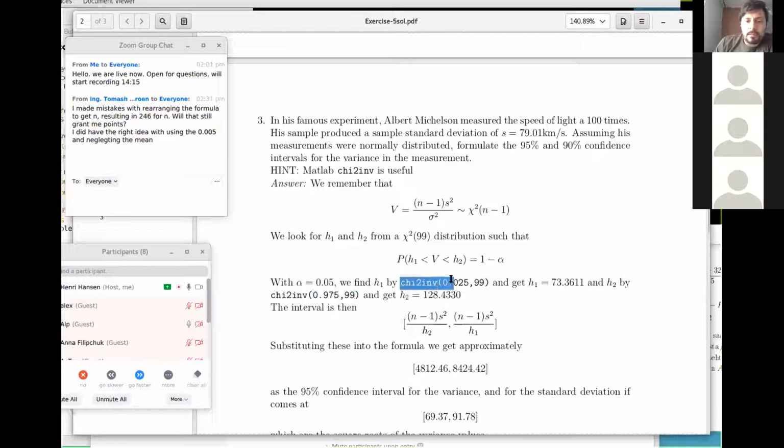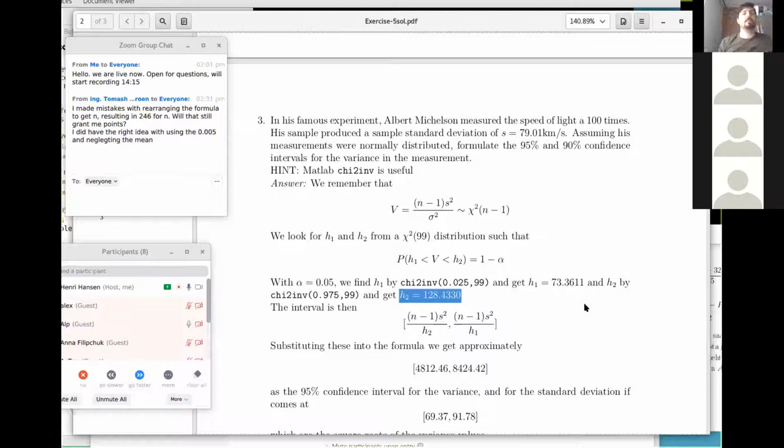So this gives the H1 at 73.3611. It means that in 2.5% of the cases, the value is lower than this. And in 2.5% of the cases, the value is higher than 128.433. So this gives H1 and H2. These are the upper and lower limits for that.